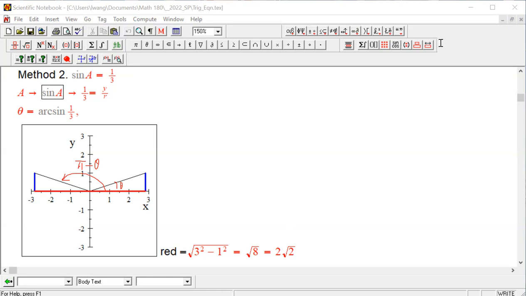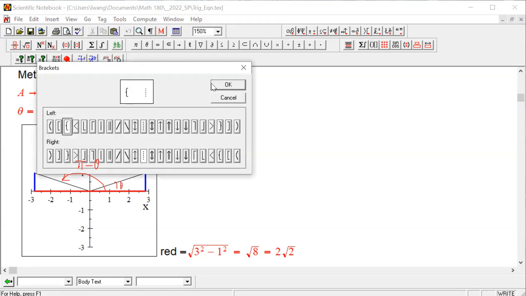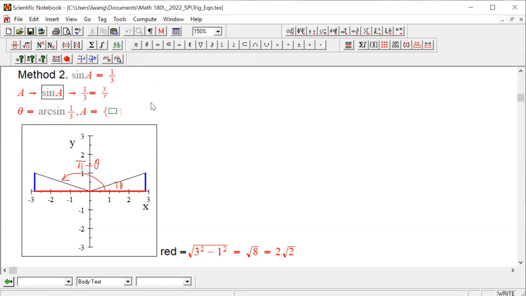So the solution would be still the same drill.